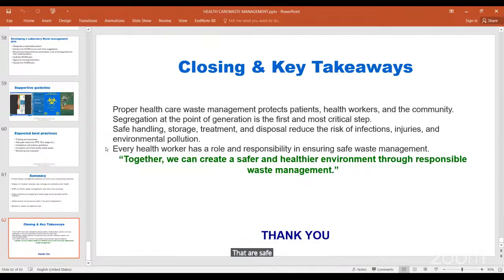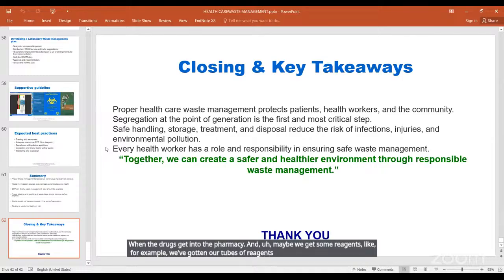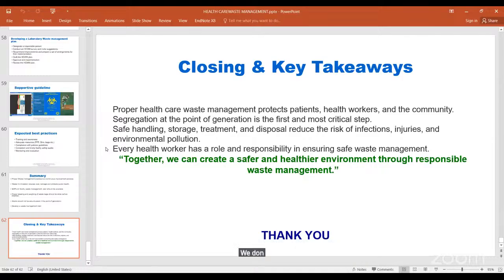That's a good concern. For example, when the drugs get into the pharmacy, and maybe we get some reagents, like tubes of reagents in big boxes, we don't encourage the keeping of the boxes in the store.